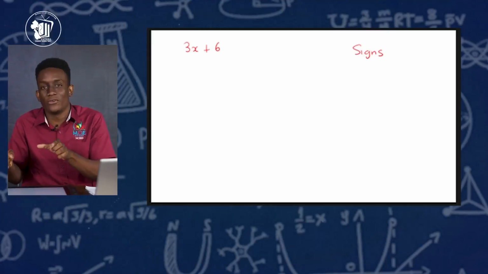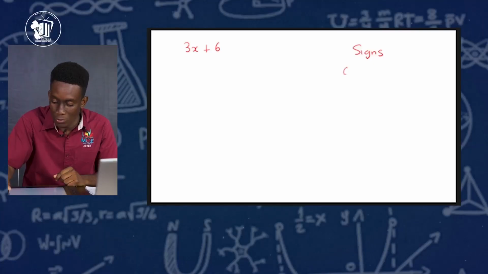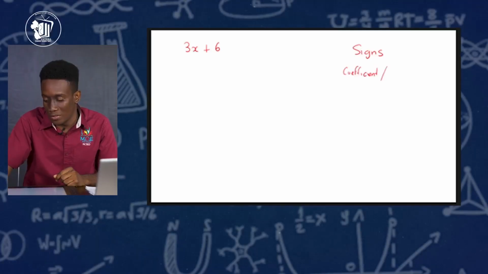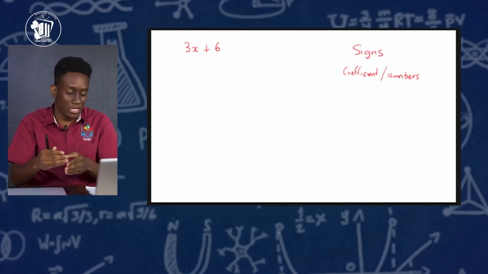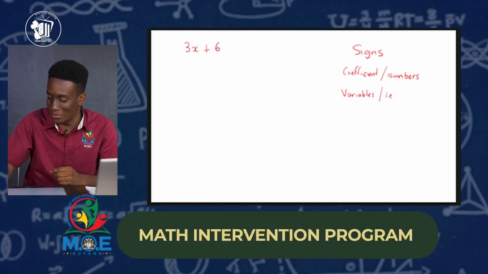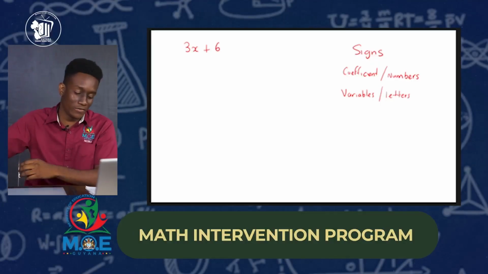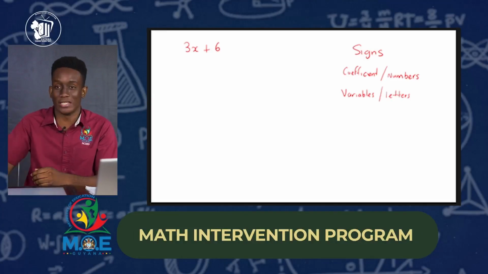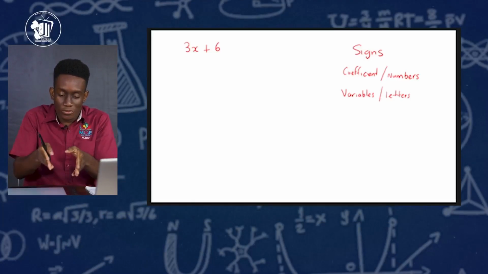After you finish with the signs, you move on to the coefficients, or as we better know them, the numbers, and then you move on to the variables, or better known as the letters. So you factor out the signs first, then the numbers, and then the letters. Simply put.